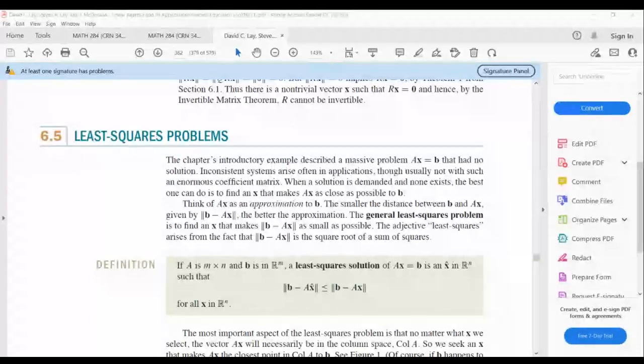The book states the same thing that I stated regarding the least squares solution. And pictorially, I like the pictures in the book too.